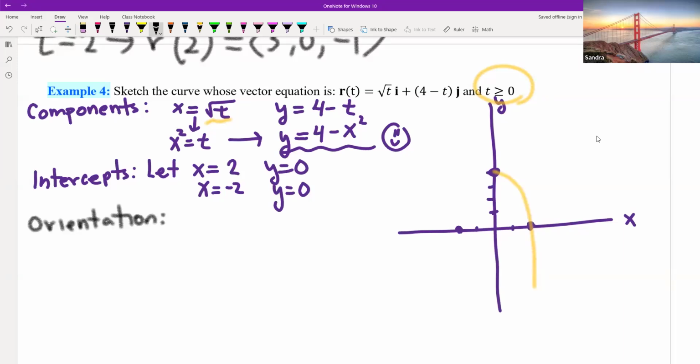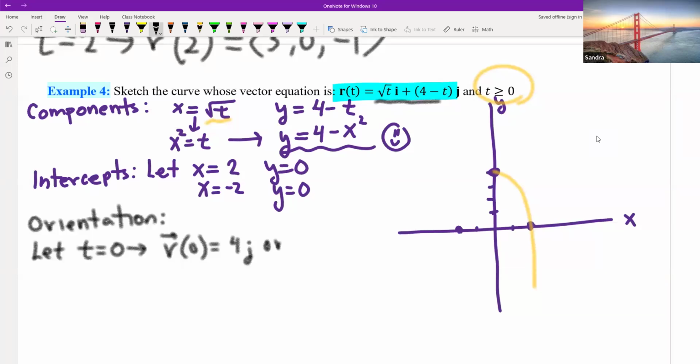For the orientation, I'm going to let t be equal to 0. If t is equal to 0, I'm going to put it in here. When I put it in there, I lose the i and I only get a 4j. So that is 0 and 4. Let t be equal to 4.